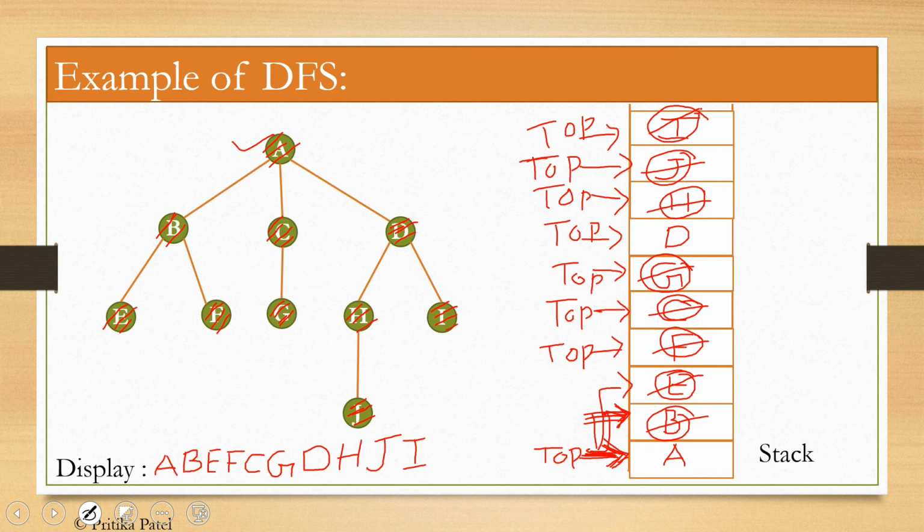Now D becomes the top of the stack, right? So now check whether D has any adjacent unvisited vertex. No, there are no adjacent unvisited vertices, all vertices are visited, right? So again the else part is executed and the topmost element of the stack has to be popped. So D is popped from here, right?